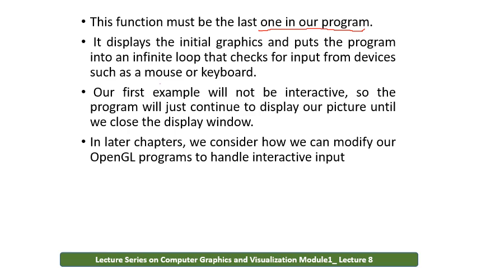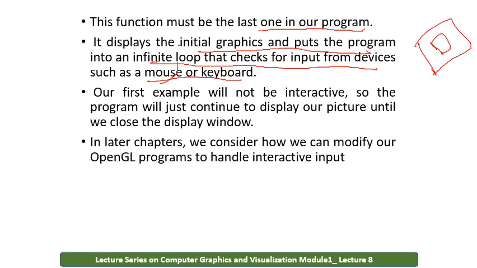It displays the initial graphics and puts the program into an infinite loop that checks for input from devices such as a mouse or a keyboard. Once the graphics is drawn onto the window, suppose a tree is drawn, it stays there until we give an input from the keyboard or a mouse to close this window.